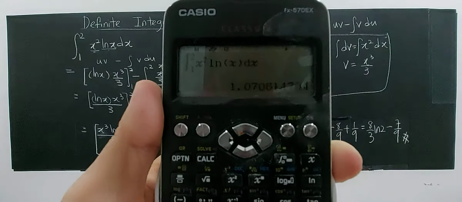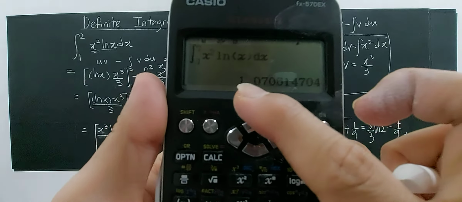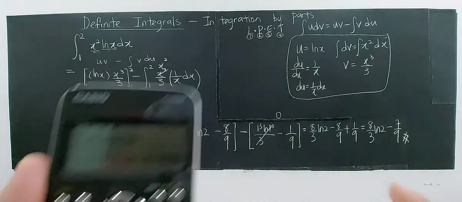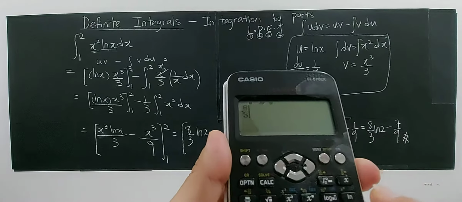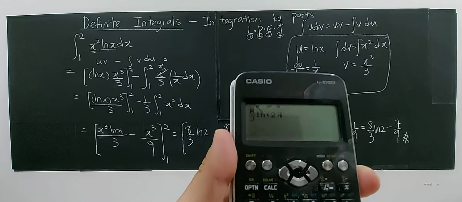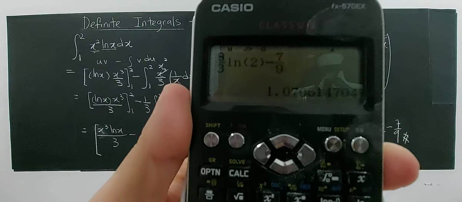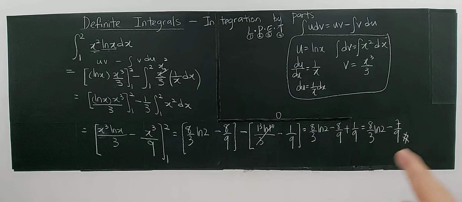Pressing equal, you have 1.071. If you key in 8 over 3 ln 2 minus 7 over 9, you still get 1.071. But this is the more exact value, more accurate before you round off. Okay, so let's go for the second example.